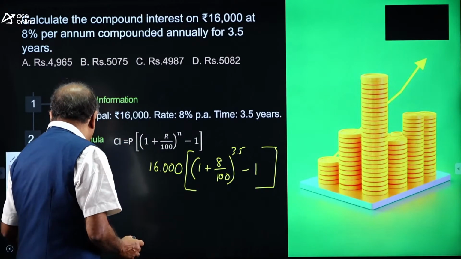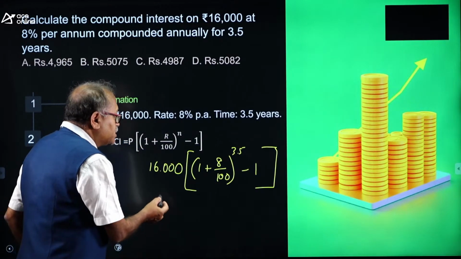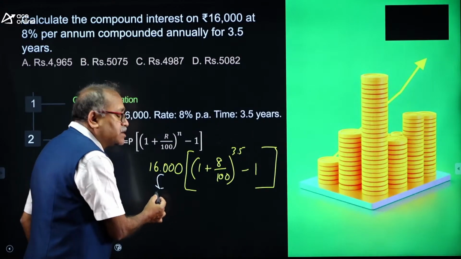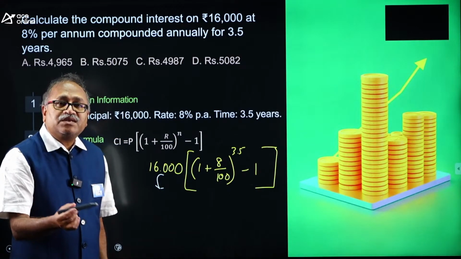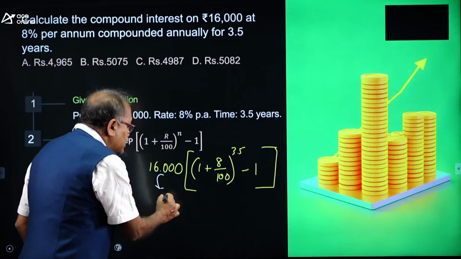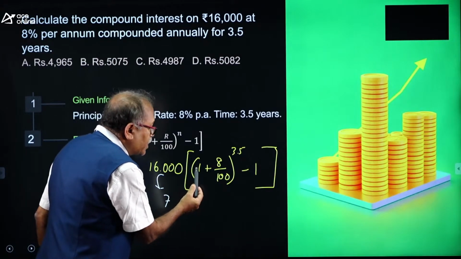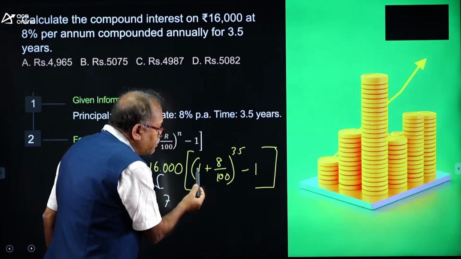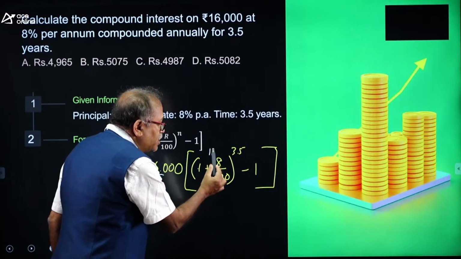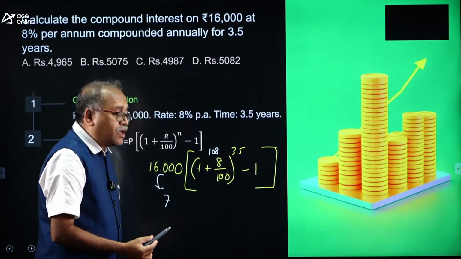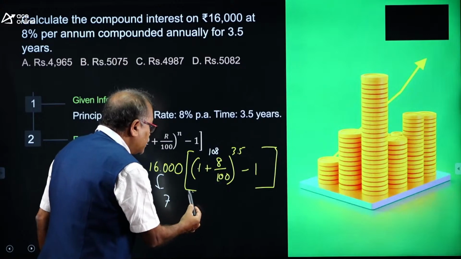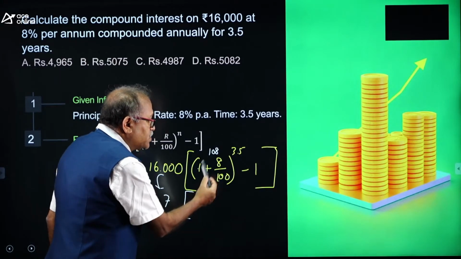What is the change I am talking about? What is the sum of the digits here? 1 plus 6 plus 0 0 0, that is nothing but 7, into 100 plus 8, I am getting 108, and 108 is nothing but 8 plus 1, 9.